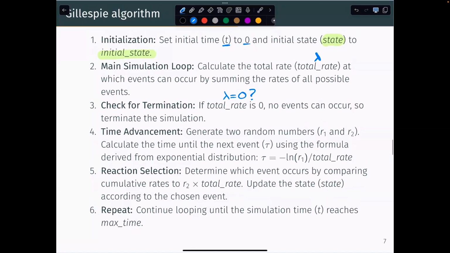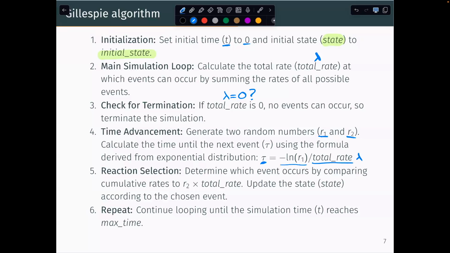We then advance time, and we generate these two random numbers, R1 and R2. So we calculate this time like I've just described. Tau is the time that our next event occurs. We do minus log of this first random number. These random numbers, remember, are uniformly distributed between 0 and 1, and we divide by the total rate lambda.